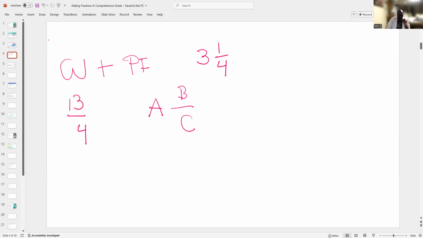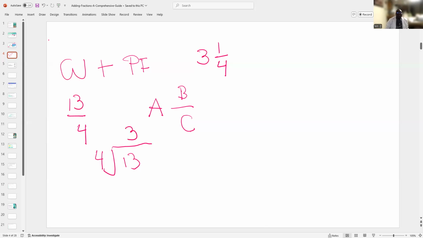Remember, A is your answer, which is your whole number. C, that is your denominator. B, that's a remainder. So whenever we do this division right there, a long division, then we got 13 and we got 4. So the question is, how many times is 4 going to go into 13?